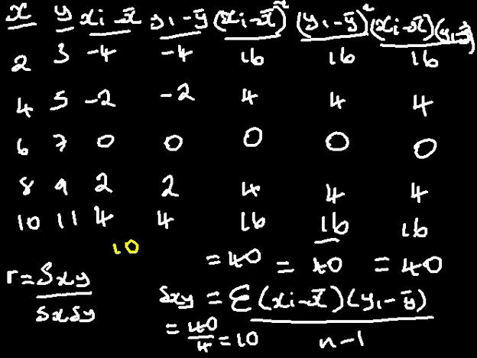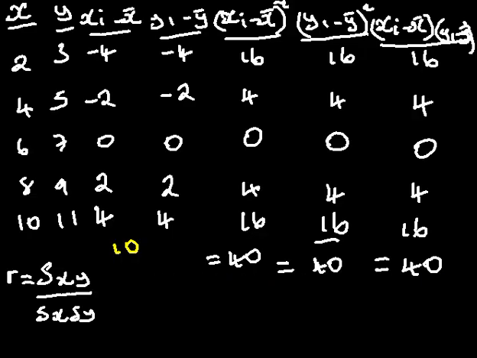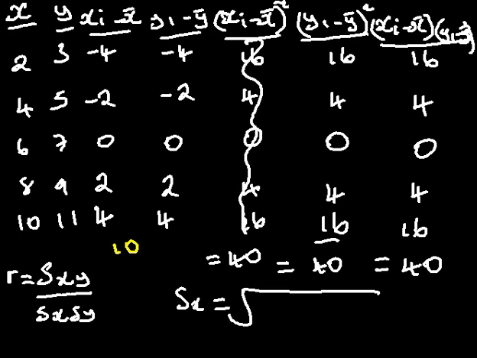And let's go for the standard deviation, for x as well as y. Now the standard deviation for x will be given as the square root of the summation of this column squared. That will be 40 divided by the total number of x values, that is 5, minus 1, that is 4.